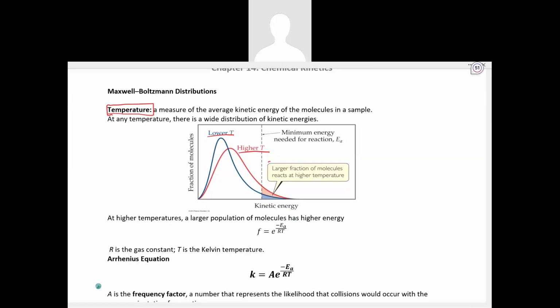So at the higher temperature, we see this activation energy barrier here, this minimum energy requirement for the reaction to occur, is that red line that I just indicated there. We see the number of molecules at a higher temperature. There's more of those, right? There's a higher number under that red curve. So we can extrapolate from this that there's a larger number of molecules with the right amount of activation energy at a higher temperature.